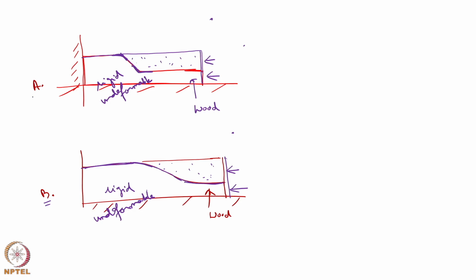The pattern of deformation for case A and B will differ. This line as it is pushed can come over here and the clay material will climb up on the wood surface and it can look like this.